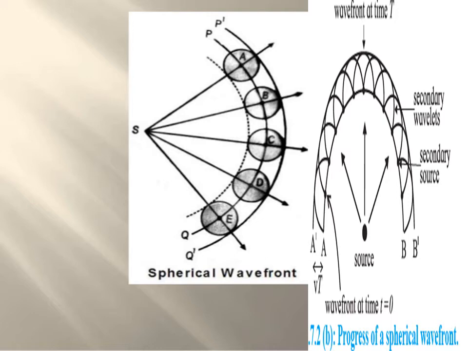When we draw the envelope or tangent along the secondary wavelets, it forms a new wavefront P dash Q dash after time t. So the distance covered by the wavefront from PQ to P dash Q dash is ct.